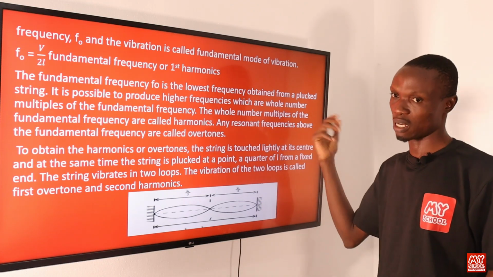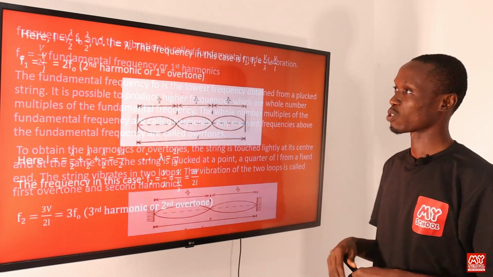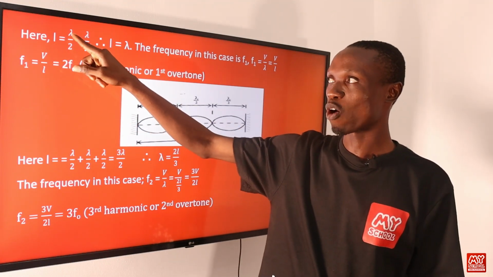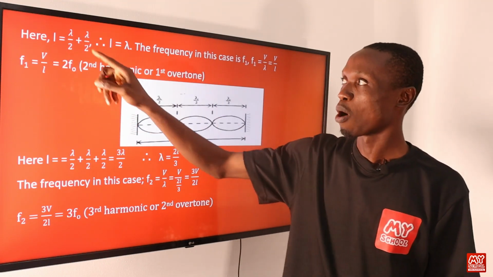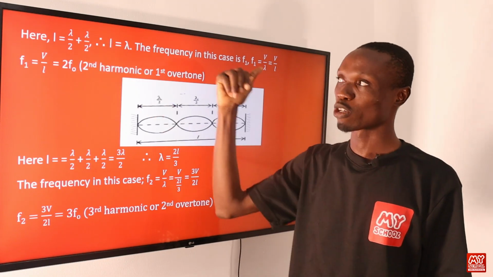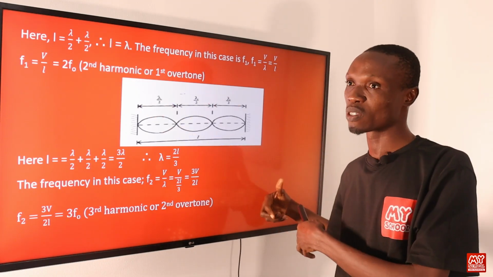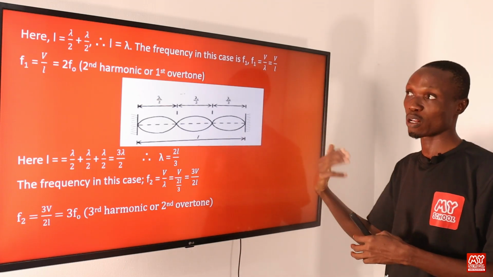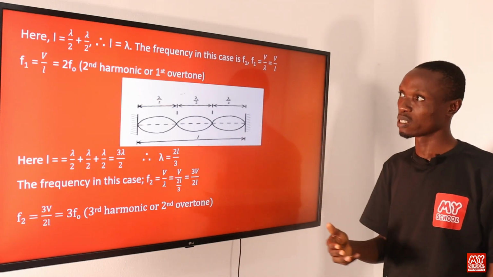Let's move to the next slide so that you can see what I was trying to explain. Here, L is equal to lambda over 2 for the first loop plus lambda over 2 for the second loop, because we now have two loops, since we want to obtain an overtone or harmonic.